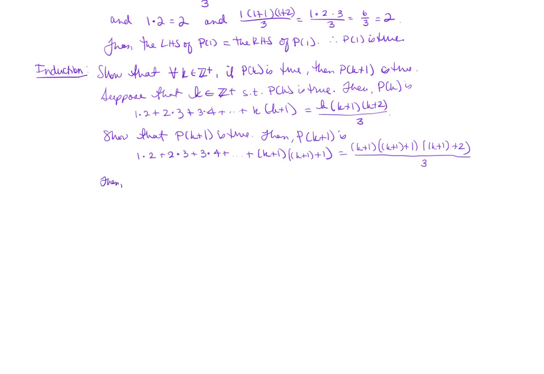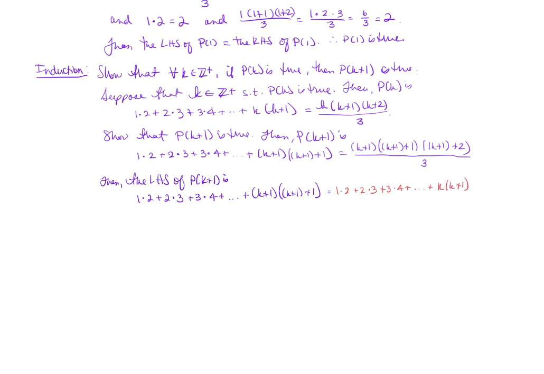So then, the left-hand side of p of k plus 1 is 1 times 2 plus 2 times 3 plus 3 times 4 plus all the way up to k plus 1 times k plus 1 plus 1. Which we can say then, we also know that the first k terms are 1 times 2 plus 2 times 3 plus 3 times 4 plus all the way up to k times k plus 1.